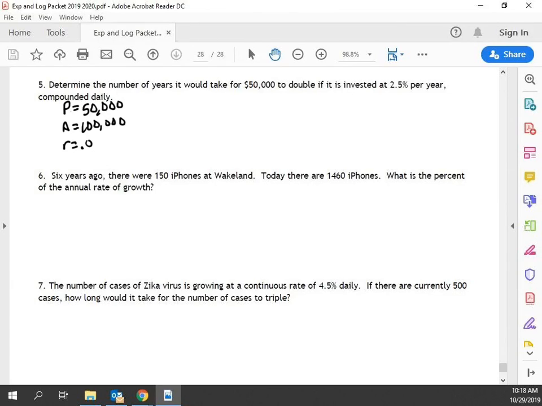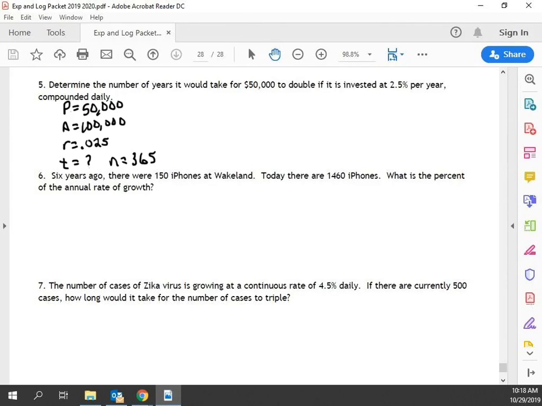Oops, not 2 zeros, 1 zero. Time is what's in question, isn't it? And then we're compounding it, which is, n is 365. So then we go ahead and say, all right, here's all of our variables.